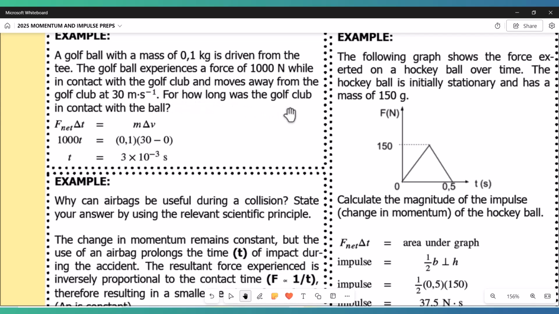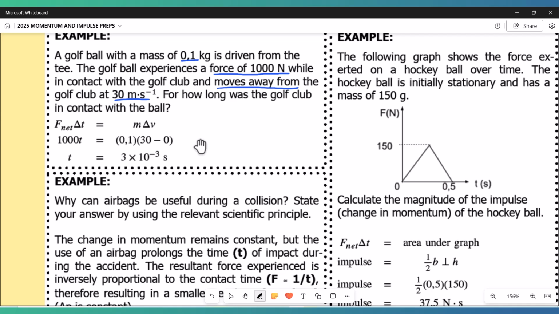For how long was the golf club in contact with the ball?